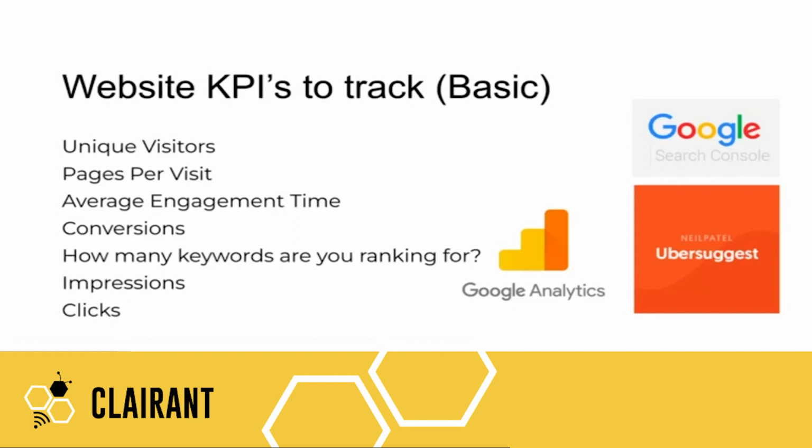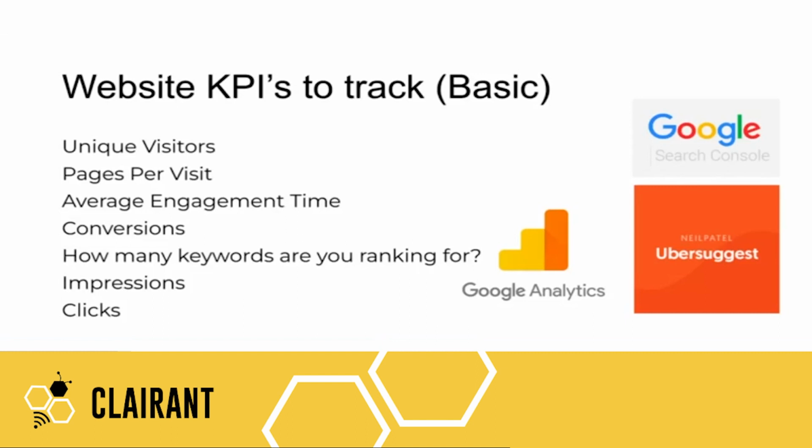The next thing are impressions and clicks. You need to make sure Google Search Console has access to your domain hosting. Then when you give Google Search Console permission to do that, you can start seeing different types of information that you can't see on the other two tracking platforms, like impressions and clicks.